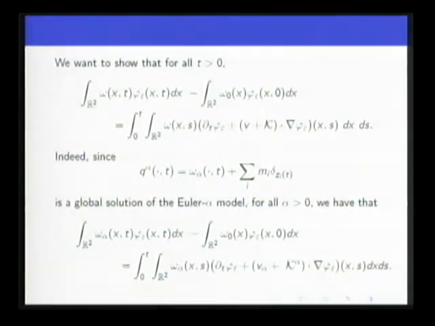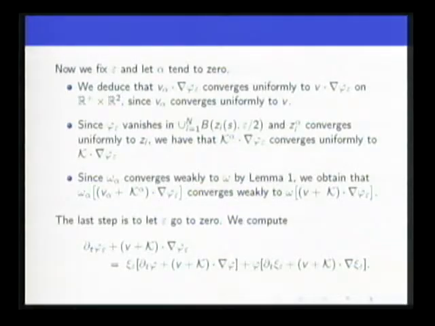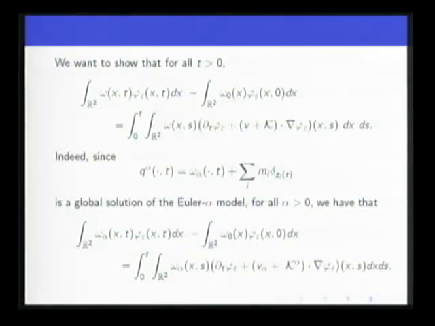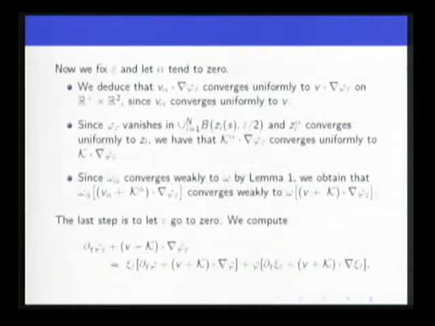And finally, we use the fact that omega alpha converges weakly in L^p to omega, and therefore we obtain weak convergence of the product of this term, converging to this term. For the last step, we use the definition of our phi epsilon and let epsilon tend to 0.